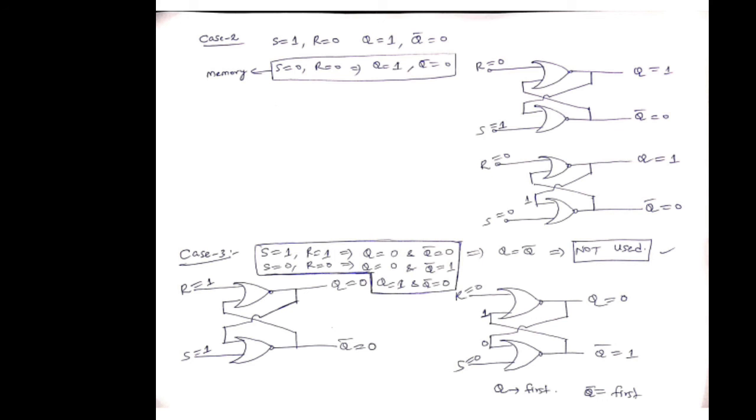For S is equal to 0, R is equal to 0, by considering Q we are getting one value and after that we are changing those values. It is not at all suitable. For that reason, this case 3 is an indeterminate state, or a not used case. It will not be used by the combination. Because of this reason, it is a not used case.